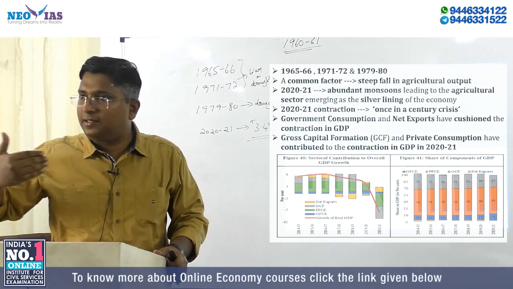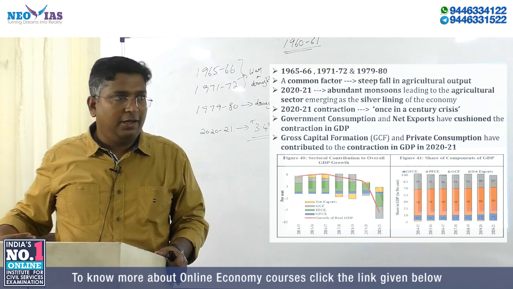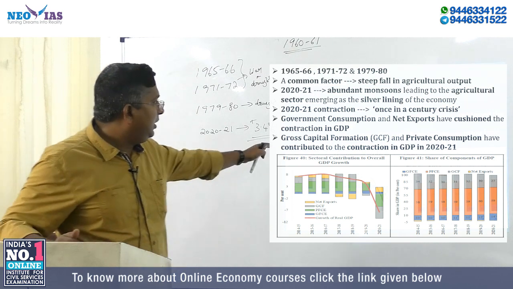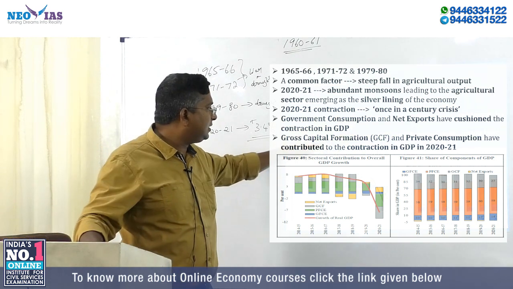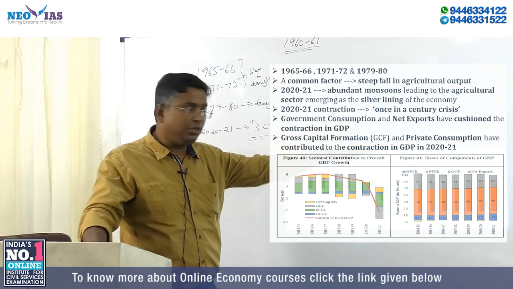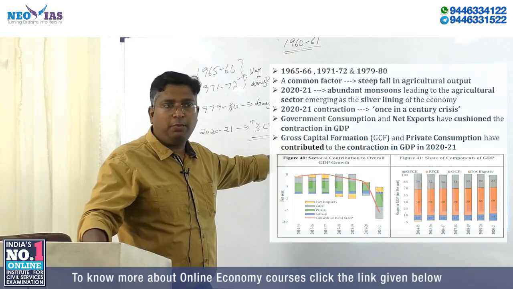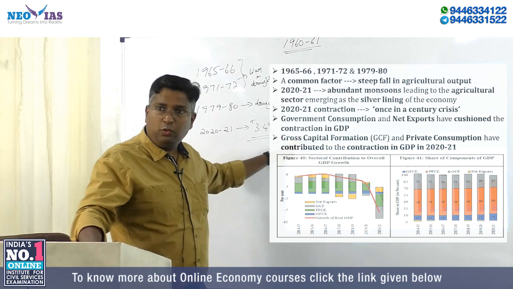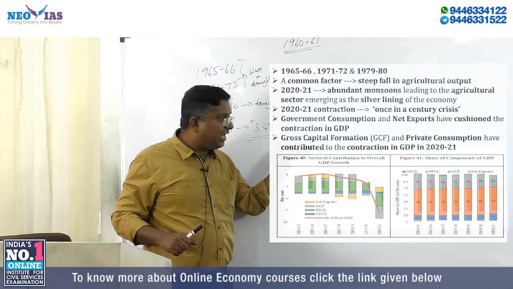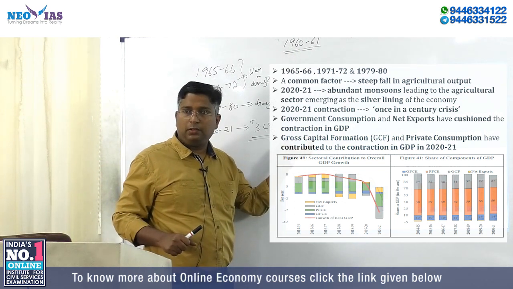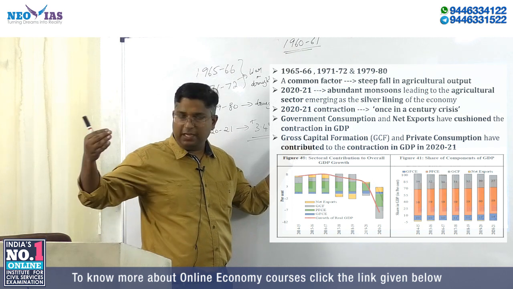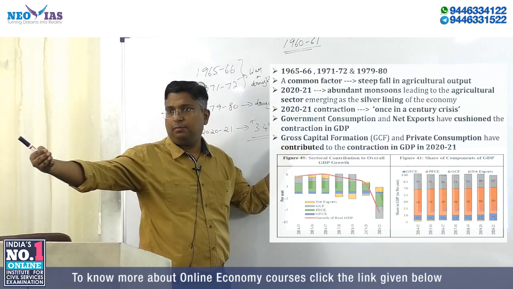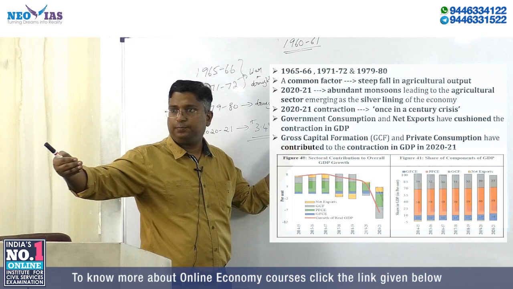There are 4 sectors. Private expenditure is measured through private household consumption as well as the gross capital formation, the business expenditure. Okay. So the gross capital formation, that is the investment, is the expenditure made by the business group or private sector.